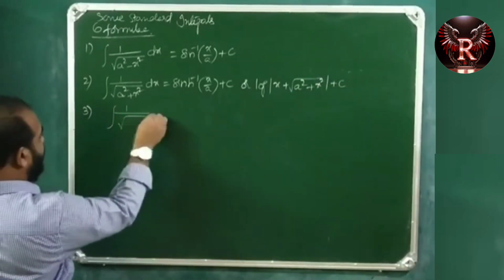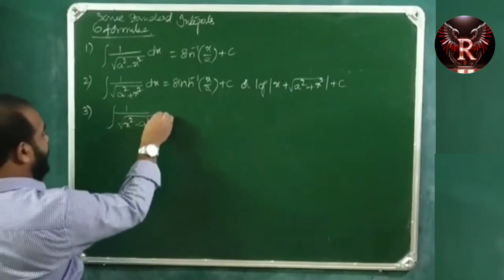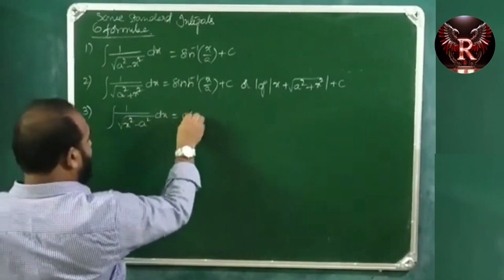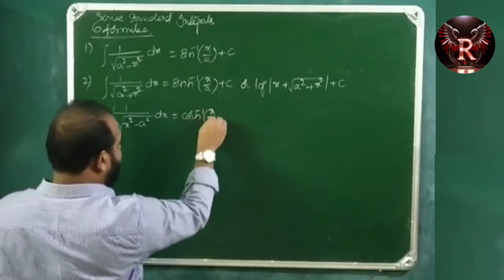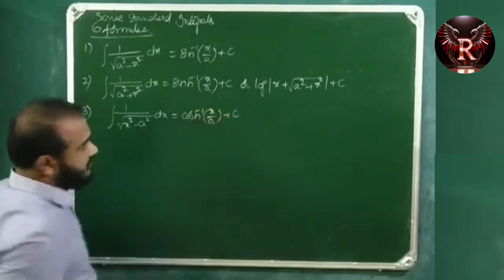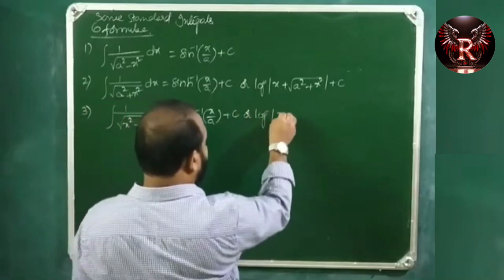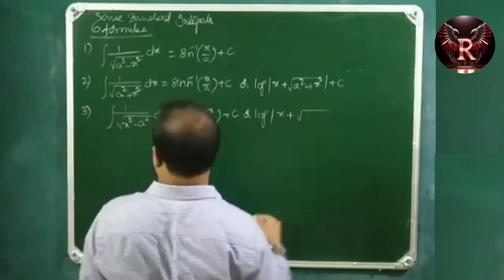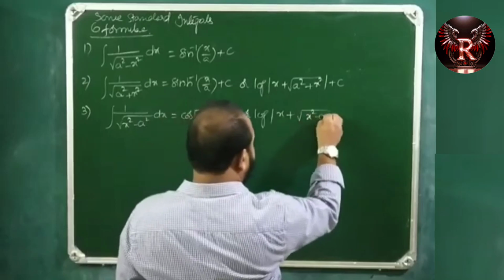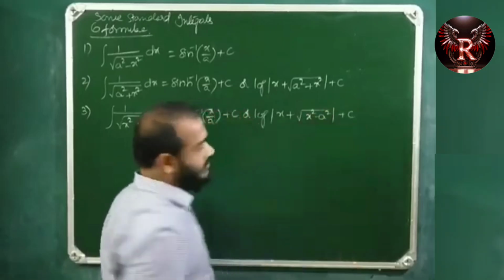Integral 1 by square root of x square minus a square dx is cosh inverse x by a plus constant of integration c, or log modulus of x plus square root of x square minus a square plus constant of integration c.